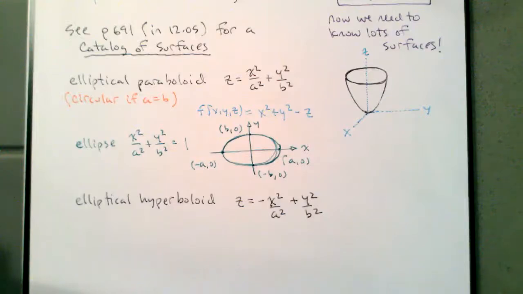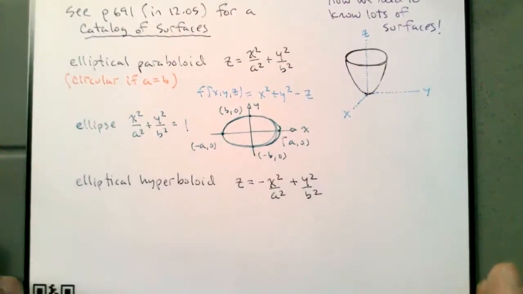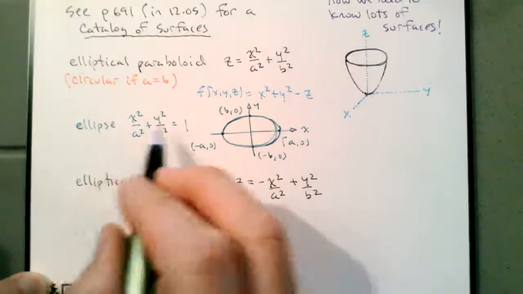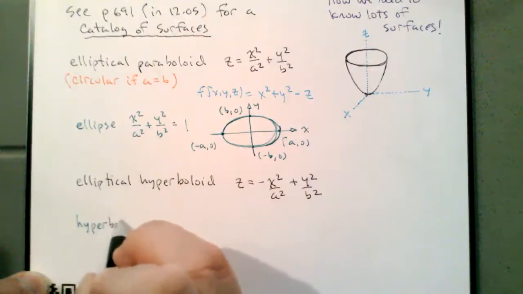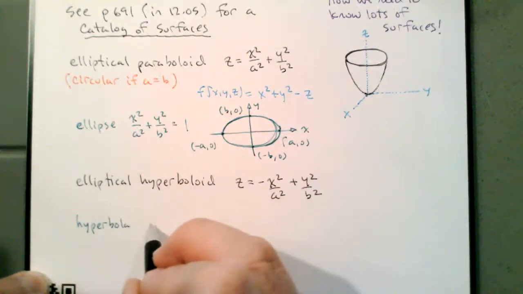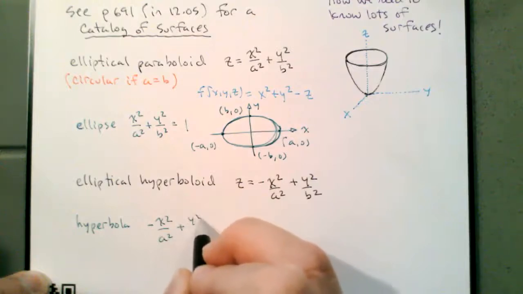So this is based on the curve, a hyperbola. A hyperbola happens when we make one of the x squared or y squared values negative. So a hyperbola would be like negative x squared over a squared plus y squared over b squared.